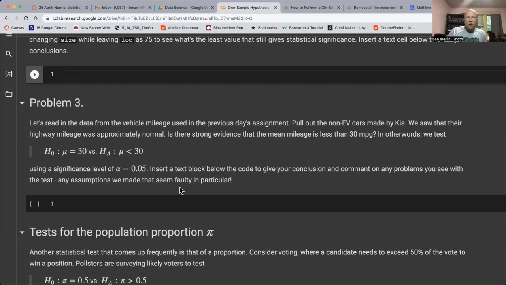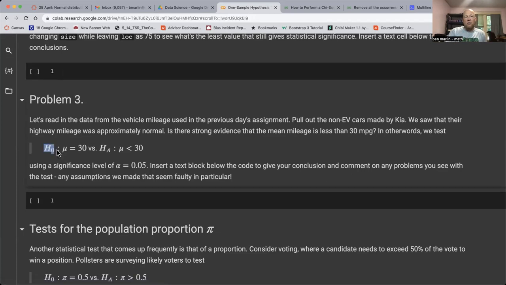So what you're going to do here is test the hypothesis that the mean highway mileage from all the Kia cars put together would be less than 30 miles per gallon. I don't remember what the numbers are, but if you get an X bar out of it, a mean that is, you can pull the data and just say, this column dot mean.